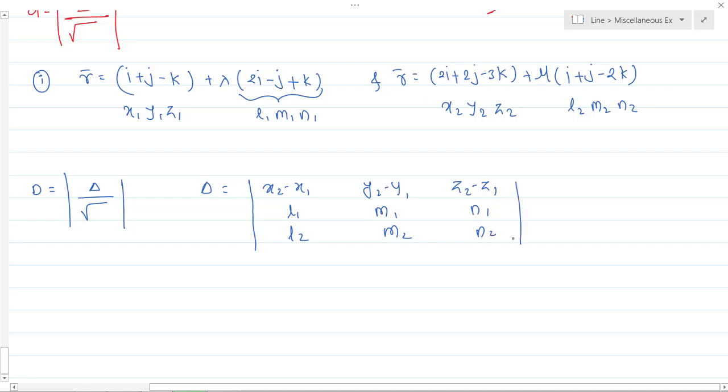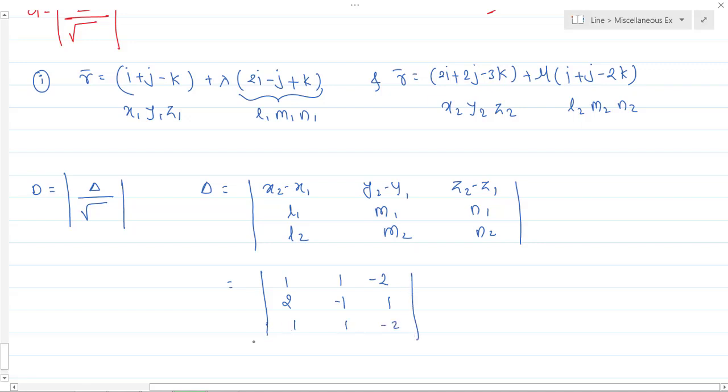So let's find this determinant and substitute the values here. x2 minus x1 is 2 minus 1, which is 1. Then we have 2 minus 1 again, which is 1. Then minus 3 minus minus 1, which is minus 2. Now l1, m1, n1 is 2, minus 1, 1. And this becomes 1, 1, minus 2.